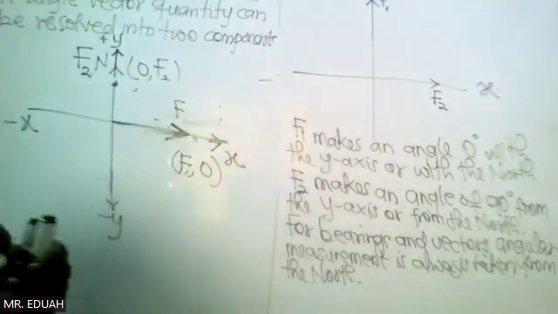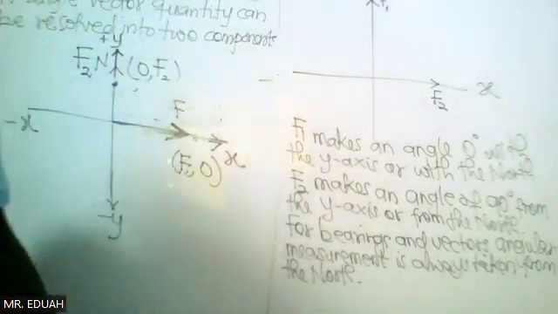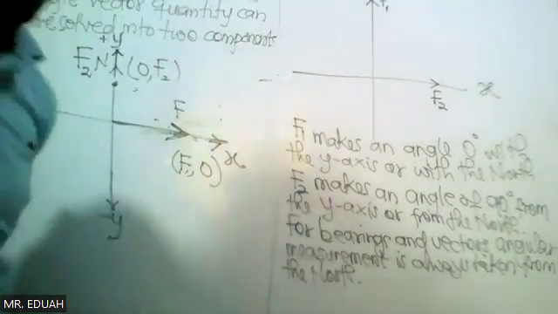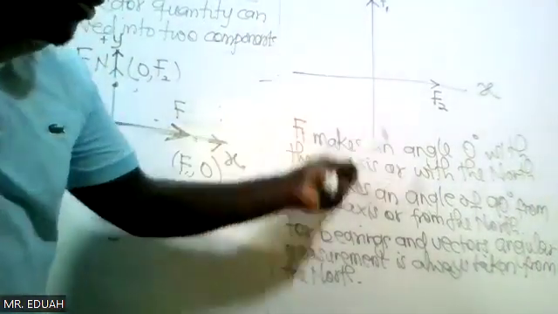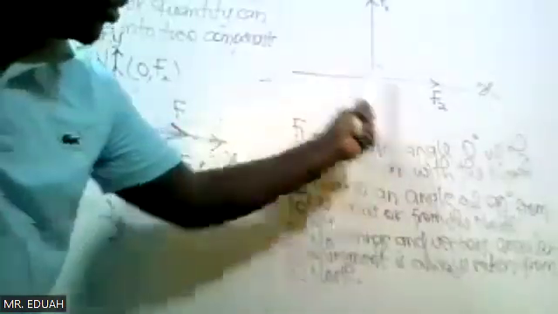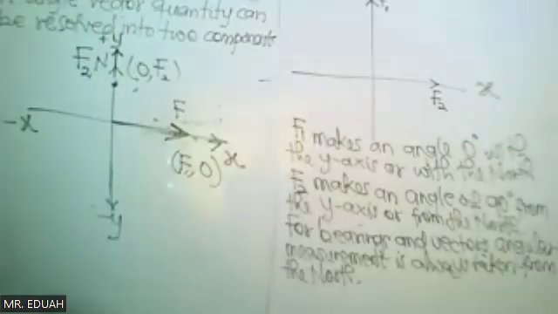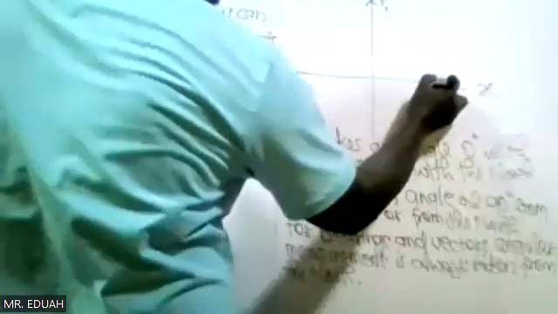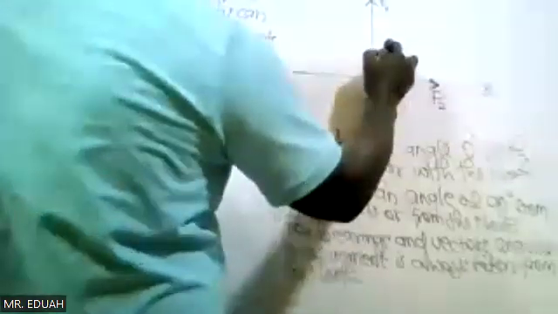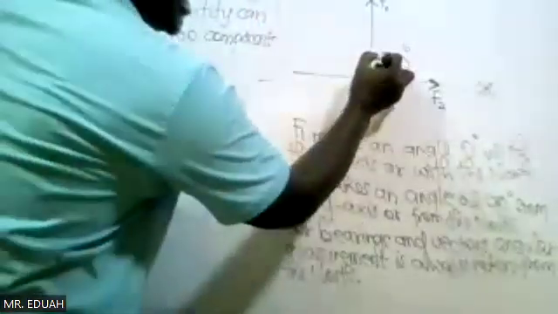So for vectors and bearings, we are always measuring our angle from the north. That is why we are saying that F1 will be 0 degrees with the y-axis, but F2 would be 90 degrees from the y-axis. So if a force lies on X, it makes an angle of 90 degrees because we are always measuring our angle from the north for bearings and vectors.